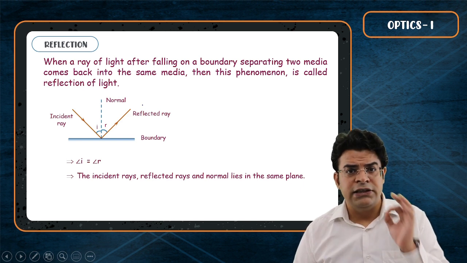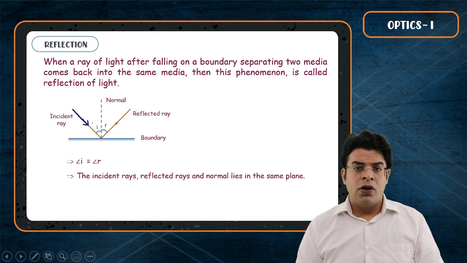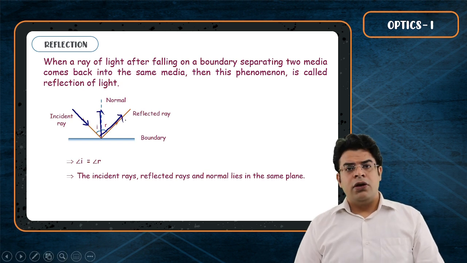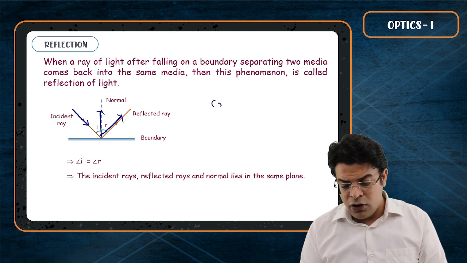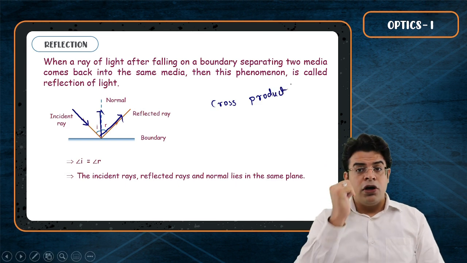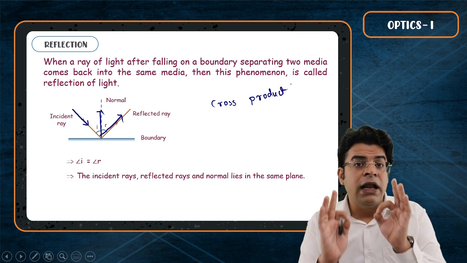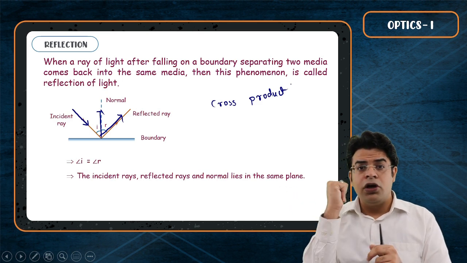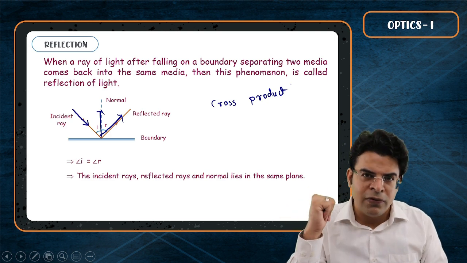If we visualize three vectors, one along the incident ray, one along the normal and one along the reflected ray, then as all these three vectors lie in the same plane, if I take the cross product of any two of them, it will point in the direction perpendicular to the plane, because we get the direction in case of cross product from the right hand thumb rule, right?